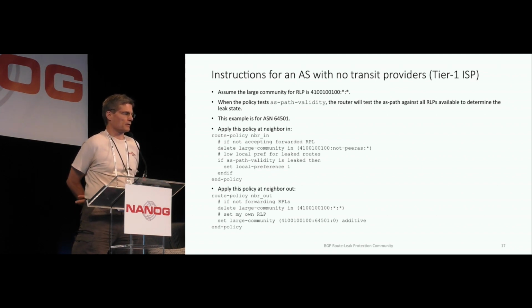Right, now here I've invented some configuration for IOS XR. So the way that this would work in the software is that the software would match the route leak protection communities against any received routes, and then mark any received routes with a validity bit that you can test in the route policy.